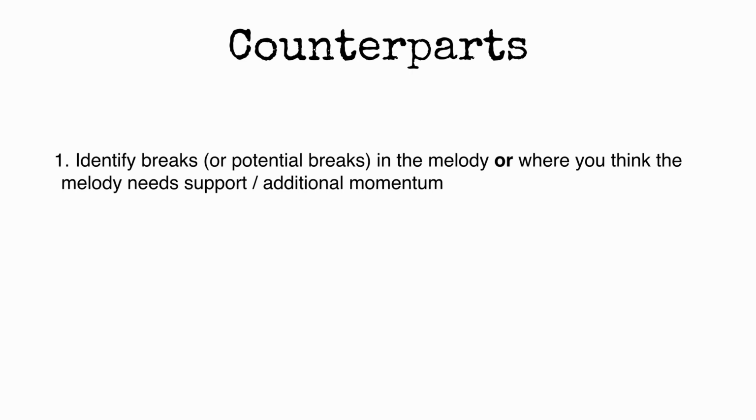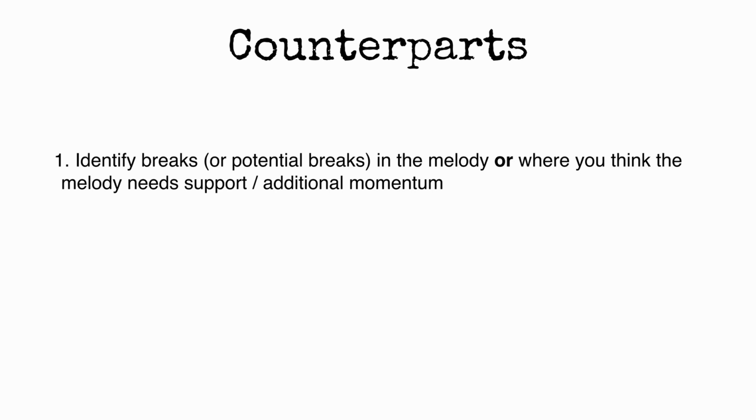Once you've identified where the breaks or potential breaks in your melody are, remember that we're not hearing this melody for the first time. You've heard the melody 1,000 times when you've been working on it, but someone new to your melody will be hearing it for the first time. So don't go straight into adding counterparts right from beat one of your composition, because people won't know what to follow. Make sure your listeners have a clear understanding of what the melody is. They should be able to hum it back in their minds already before you really start thinking about bringing in a counterpart.